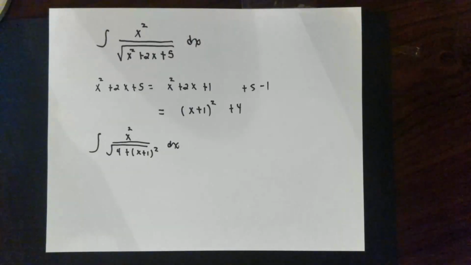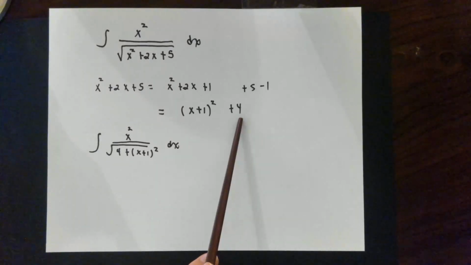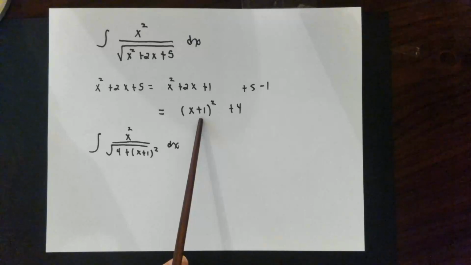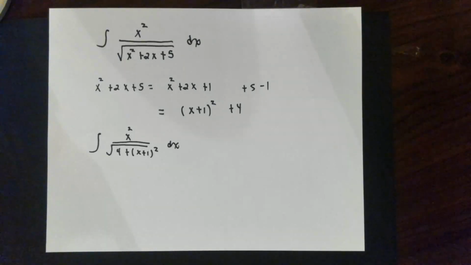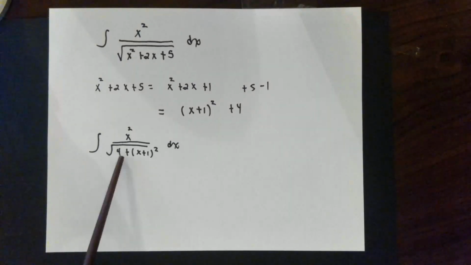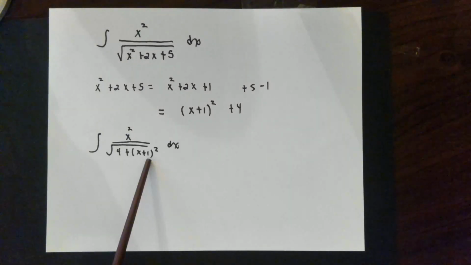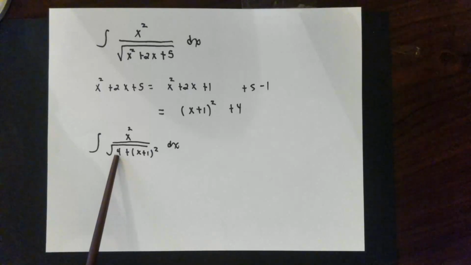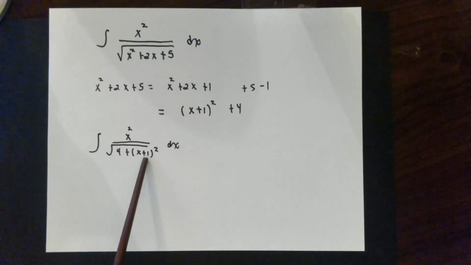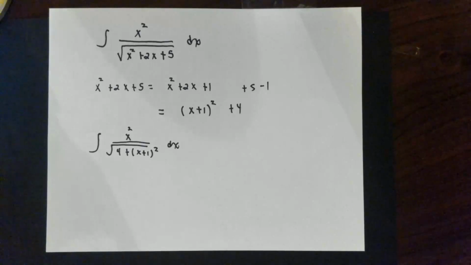It turns out that x squared plus 2x plus 5 is 4 more than the square of x plus 1. The quantity under the radical is 4 plus the square of x plus 1, 2 squared plus something squared. The u in this case is going to be x plus 1.